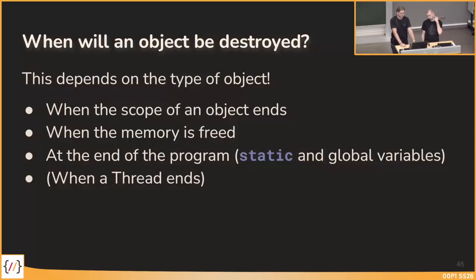Of course, when the program ends, static and global variables are destroyed, and their destructors are called. And the third one is when a thread ends, which we will not discuss further here. Everybody who is doing higher courses will know what it is. You will come to that in the next semester, what a thread is.